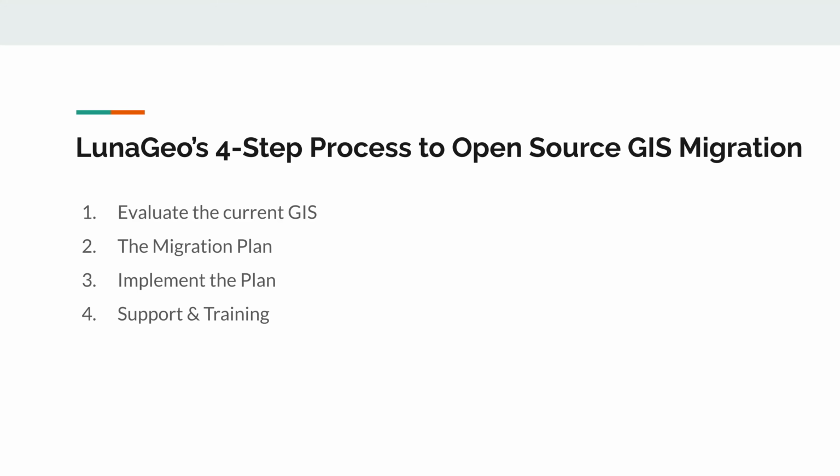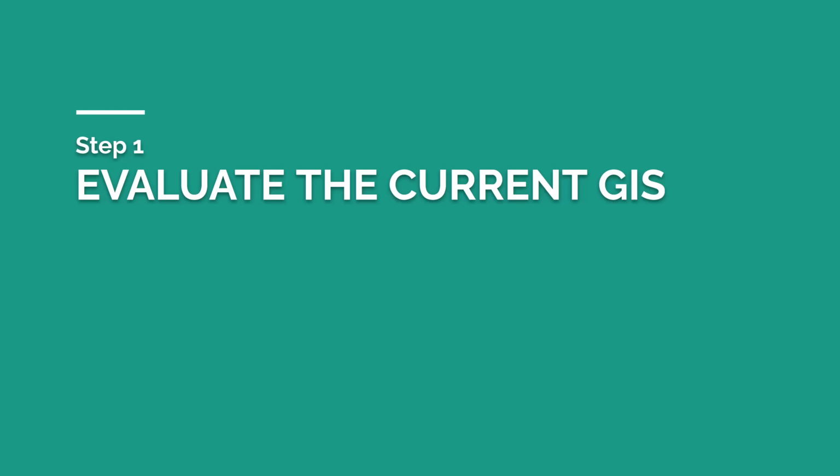So we've set up our process in such a way that we move our clients towards that support and training period where they know that if they have any major problems, they can reach out to us and we help them through our ticketing system or whatever it may be, or through a support meeting, or they can just help themselves and go into our training platform. And I'll go into a little more detail about that through this presentation.